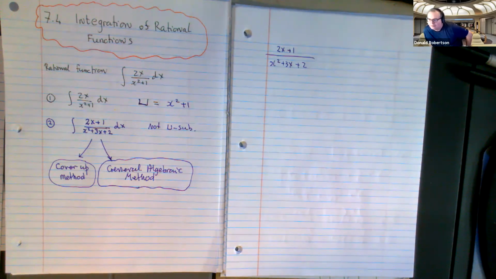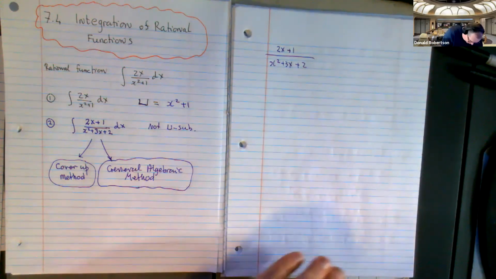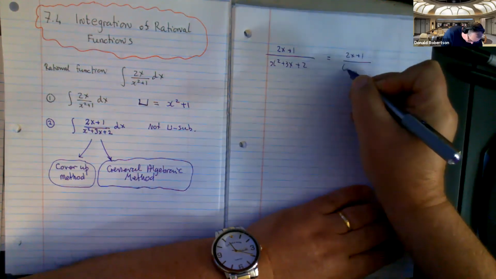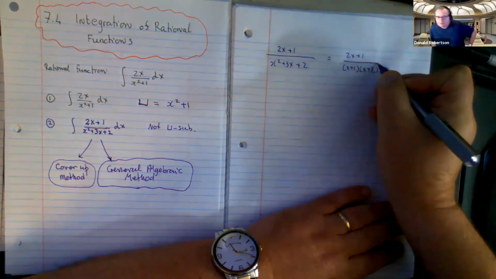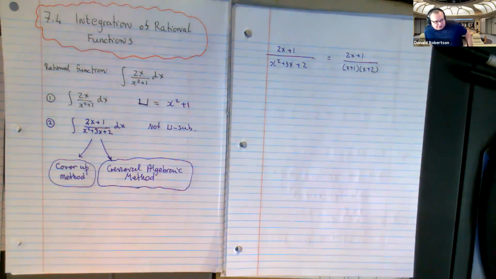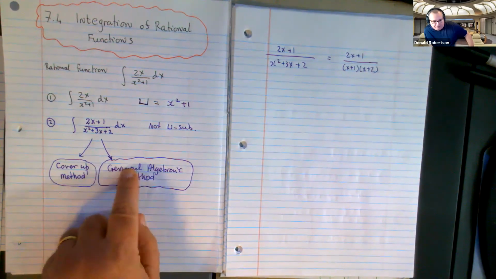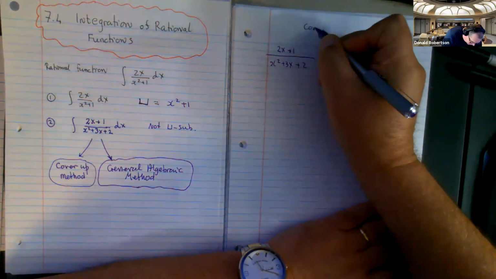That didn't even look like a starter. So what we're going to do is take this fraction and break it into smaller fractions. But before we do that, in some of the questions at least, you're going to have to factor it. So before you even try this method, either one of these, but in this case, cover up. So I should tell you what one we're doing right now. We're going to do the cover up method.